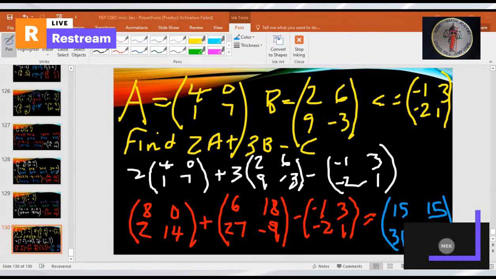All right, so we're going to leave it there for the matrix motion. Next time we do matrices, we're going to be looking at finding the inverse of a matrix, which you could look at as dividing, because we're multiplying by the inverse.